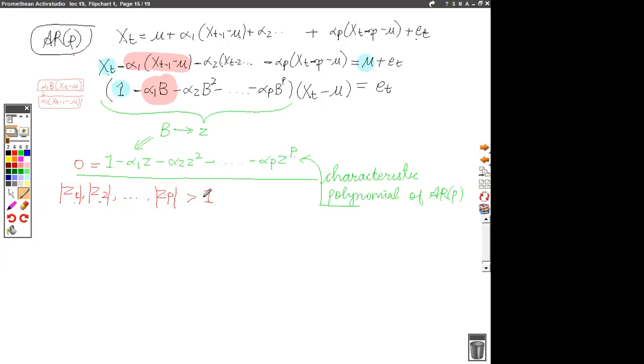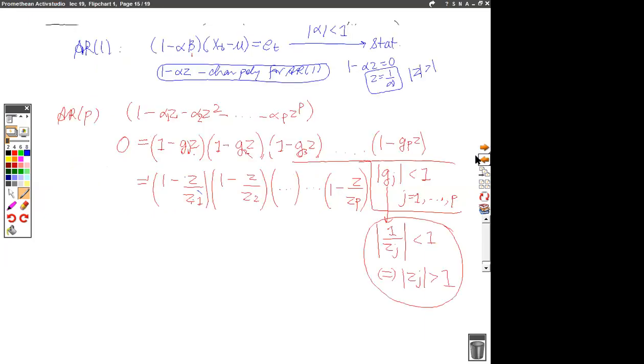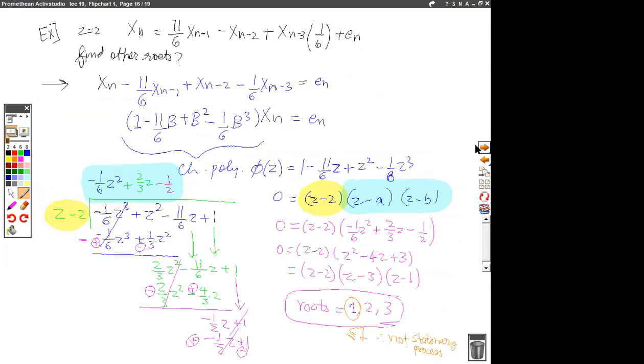They should be greater than 1, not equal to 1 and neither less than 1. We looked at how that condition was derived intuitively, not exactly, but I guess you got the gist of it.